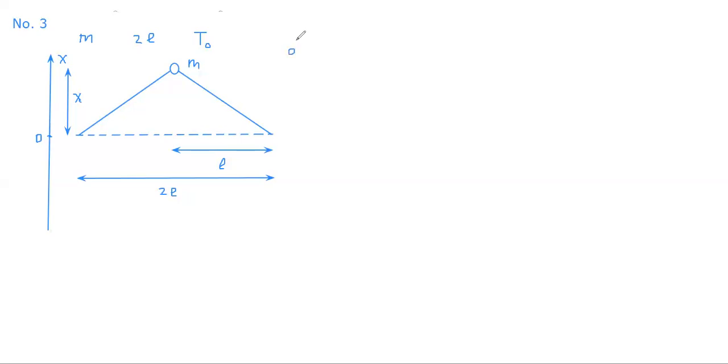It can be written in this way: the second derivative of x plus omega 0 to the power of 2 times x is equal to 0.